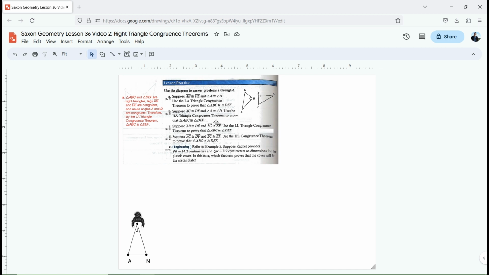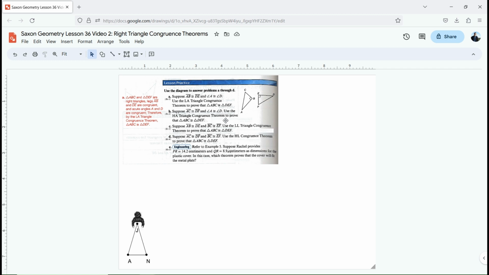BC is congruent to EF, given. Therefore, by the leg triangle congruence theorem, because I know AB and DE are legs, and BC and EF are legs, triangle ABC is congruent to triangle DEF. So simple. These are super simple.